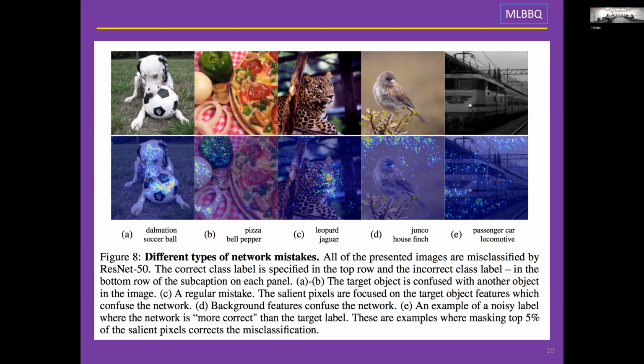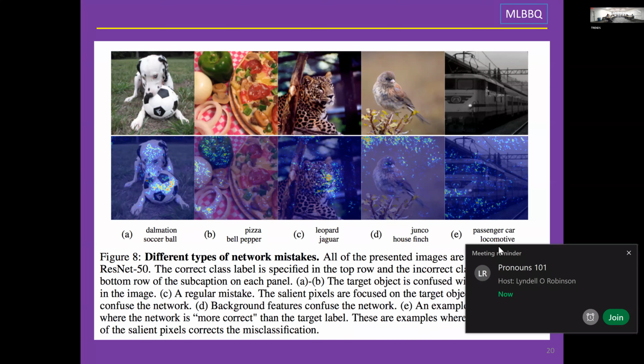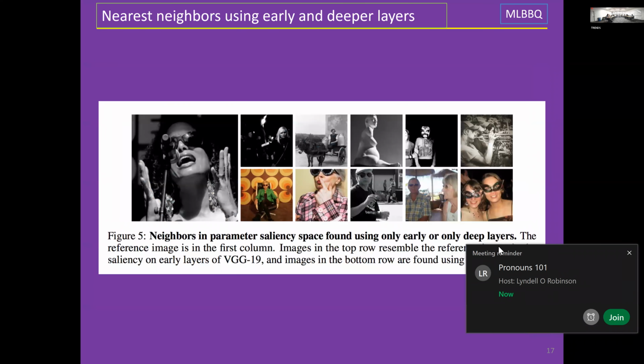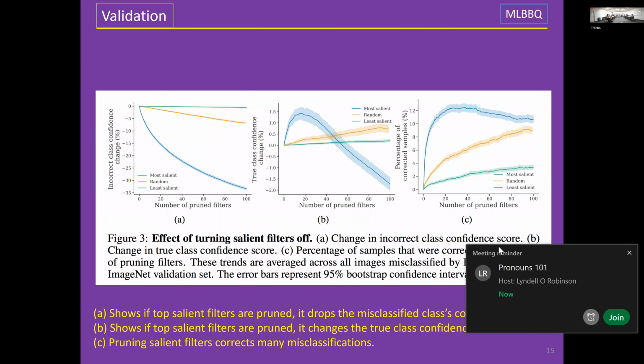So my question is, if these malfunctioning parameters are only responsible for this misclassification, turning off other filters would not increase the model prediction. We should go back to the classics, Yann LeCun's optimal brain damage. For example, this one. If you see this line.